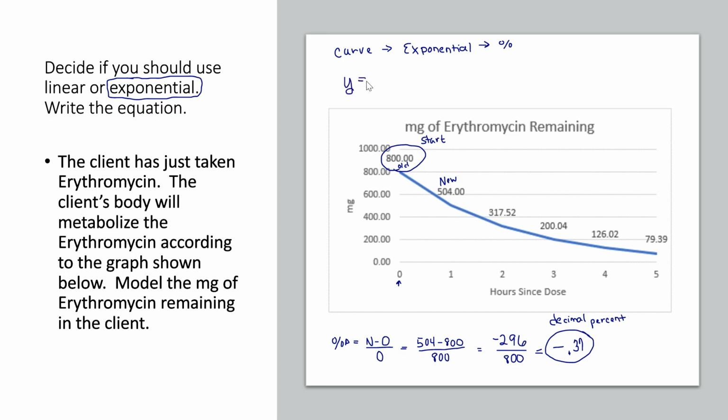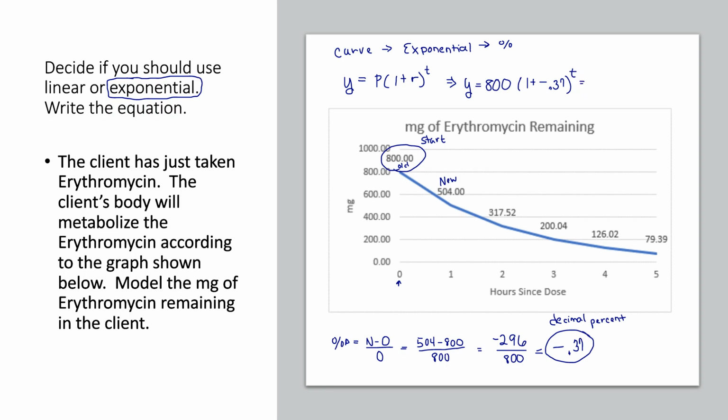So my formula is y equals P(1 plus r)^t. And I just need to plug in the appropriate pieces. So I have y equals 800, replacing the P with the 800. I have 1 plus a negative 0.37, replacing the r with that negative decimal, to the t power.